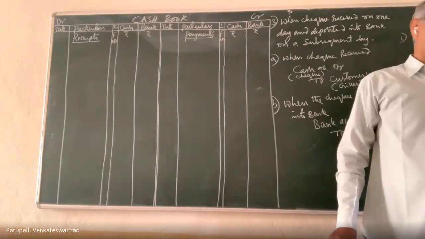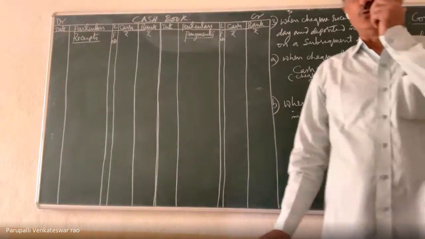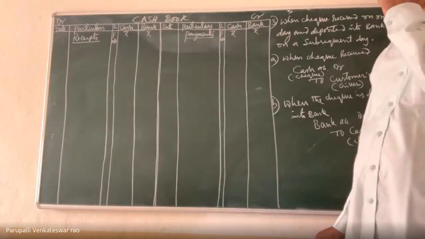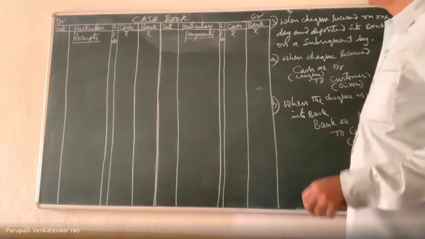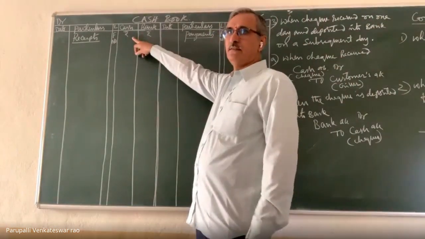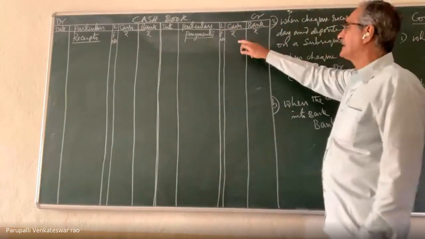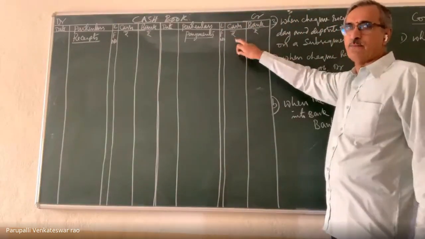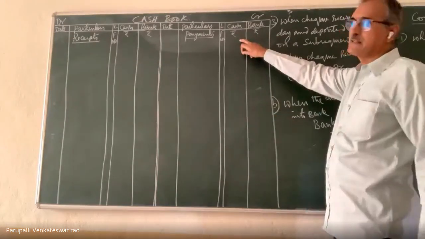Okay. So this is the format. This problem is a two-column cash book, that is cash and bank. In the first column I take cash, in the second column bank. The same order you have to write on the credit side also. Don't write bank and cash. Which account did you record first there? Cash.